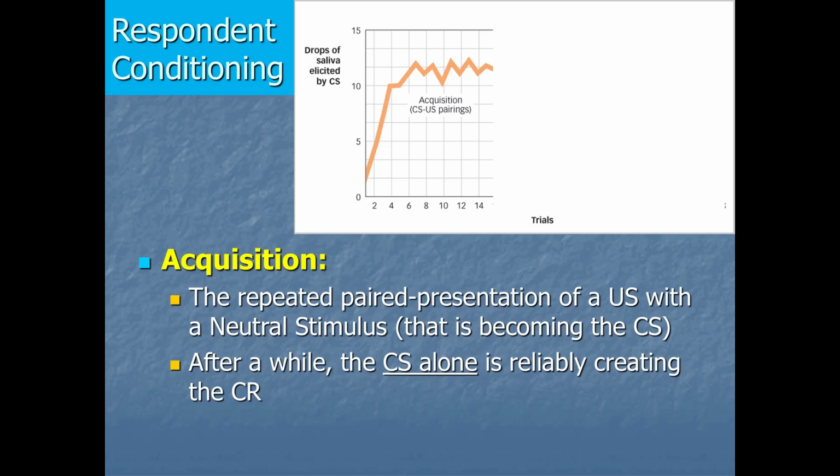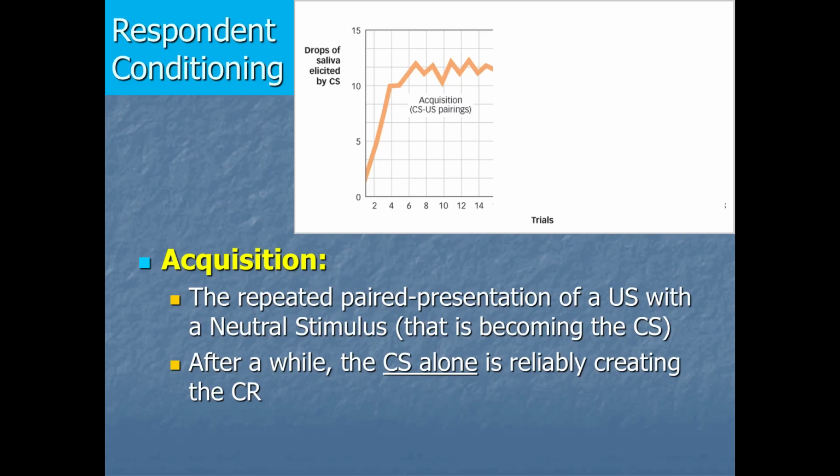The association is being formed in your brain, and that means during this process of acquisition, the neutral stimulus is becoming the conditioned stimulus. It's an active process. So here on the graph, if you look at the y-axis on the left, we're measuring the salivating response, right? How many drops of saliva there are. But as you can see, it's saying how much salivating happens for the CS itself, just for the sound without the meat.